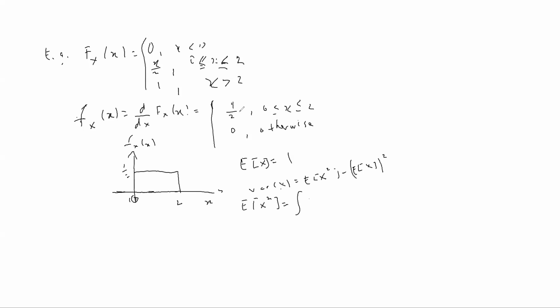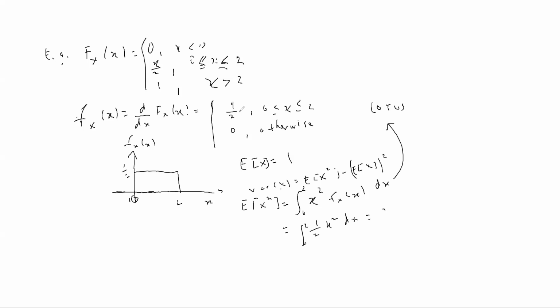Okay. So what happened here? All we need to do is integrate x squared fx of x dx. It's just like what we have done before; this is the law of the unconscious statistician. If we put x cubed, we put x cubed in front; if we put g of x, it becomes g of x. And our range is from 0 to 2. So this is the integral from 0 to 2 of half x squared dx.